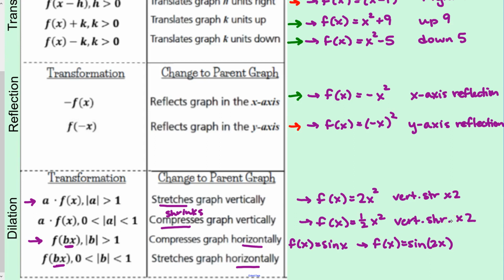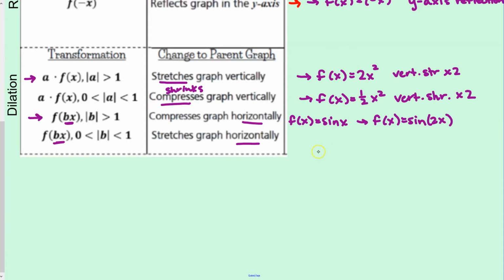Do you remember me talking about that being a roller coaster that is 2 times the fun? So if you picture your sine graph, it looks like this. That looks pretty fun. This is 2 pi, 1 complete cycle. But if you horizontally shrink it, then in the same width, you're going to have twice as many curves. And that roller coaster is going to be 2 times the fun.